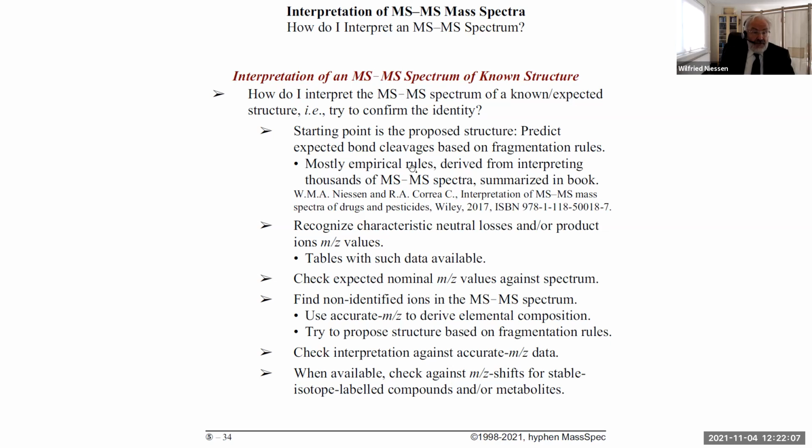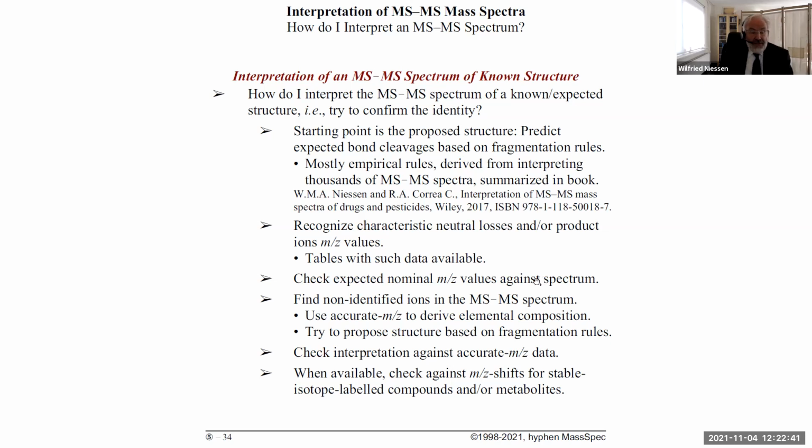These fragmentation rules are summarized in the book, and I gave them to you during the course. I can be helped by the tables with characteristic neutral losses or product ions, which are at the end of the manual. Then I calculate nominal m/z values for the predicted fragments, and I check them against the spectrum.